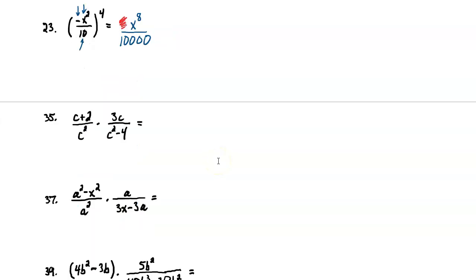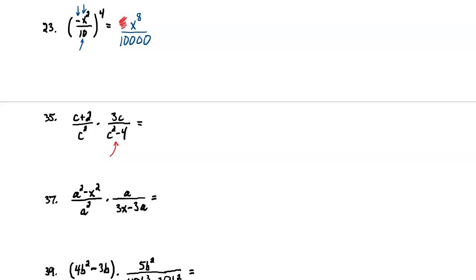Okay, now number 35. We're back to our first rule about multiplying fractions. And now you'll notice why I said that you have to do the simplifying first. The first 2 days of Chapter 6, we practiced simplifying fractions in which there were polynomials that can be factored. In this particular problem, this portion of the problem, the c squared minus 4, can be factored.